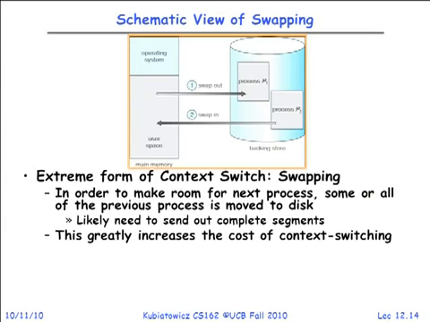So notice I'm swapping out process 1 and swapping in process 2. It's literally I'm copying all the memory out to disk and then pulling all the memory for process 2 back in. And as a result, I have more flexibility in my memory management. So I can actually have a process that's not running. It doesn't have to be taking space in memory anymore. It can actually be out on the disk.